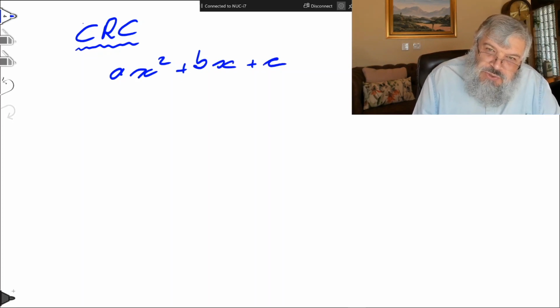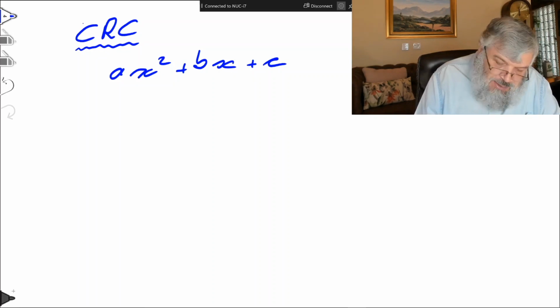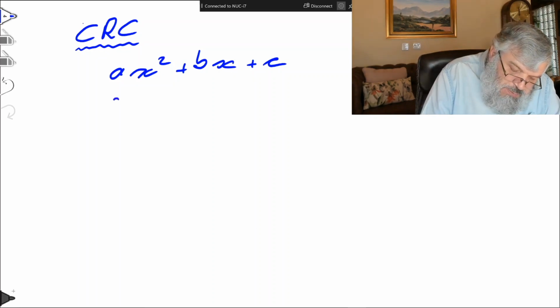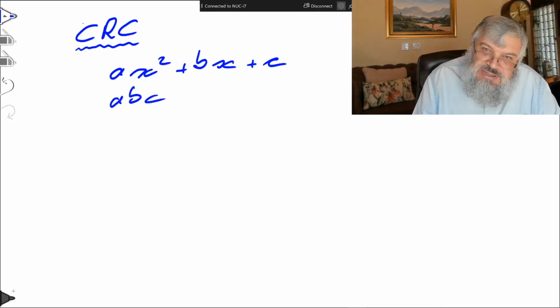One way in which you can specify that entire polynomial without writing the polynomial out would be simply to provide the coefficients. So ABC tells you exactly what that polynomial is if you know the convention where the A's, the B's, and the C's are going to go.